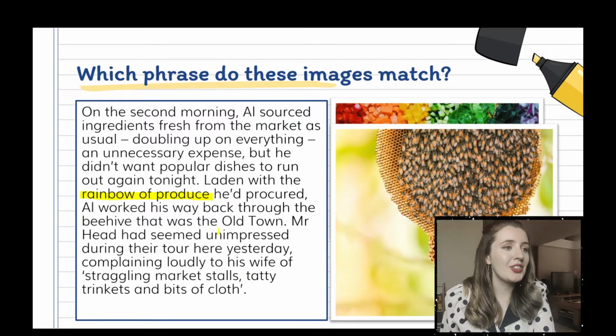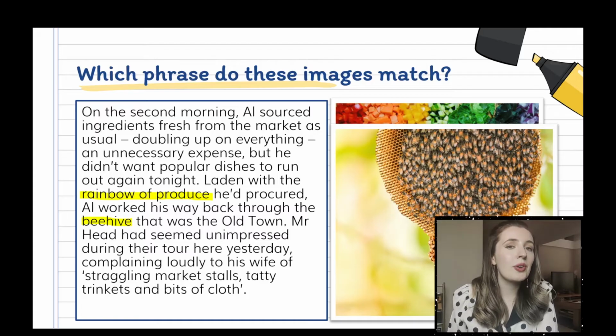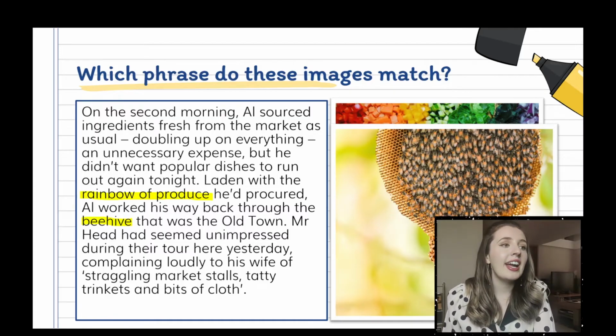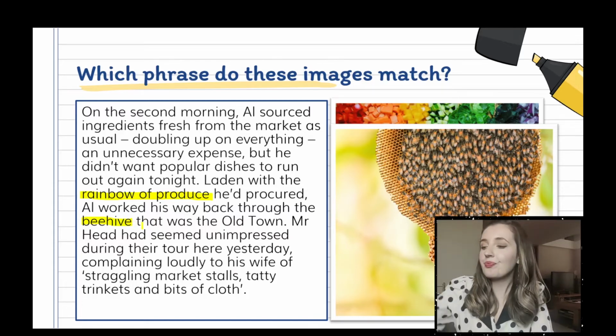So this one does relate to, where is it? I've lost it. Beehive, yeah. So this is beehive, suggesting how busy the old town was, how bustling, how full of life. And again, you might want to notice here an image of nature coming up again. Rainbow, produce, beehive, right? Definitely some natural imagery coming up.